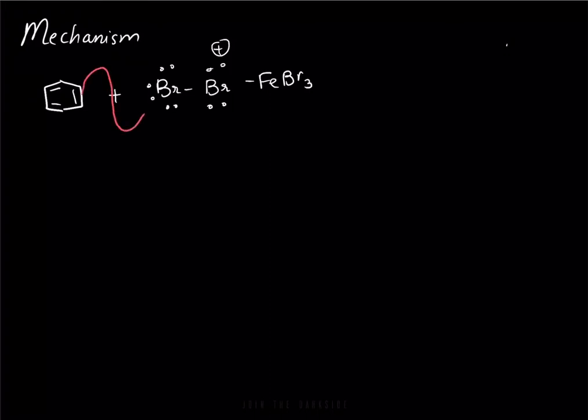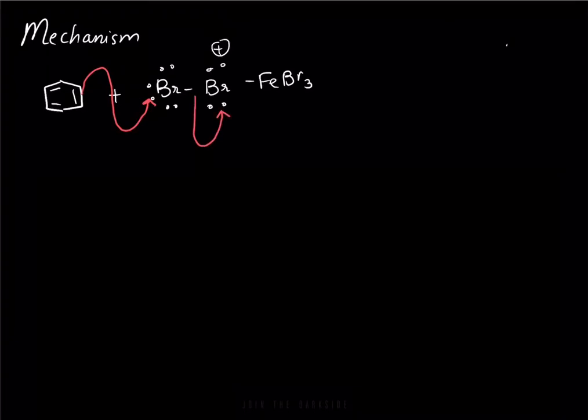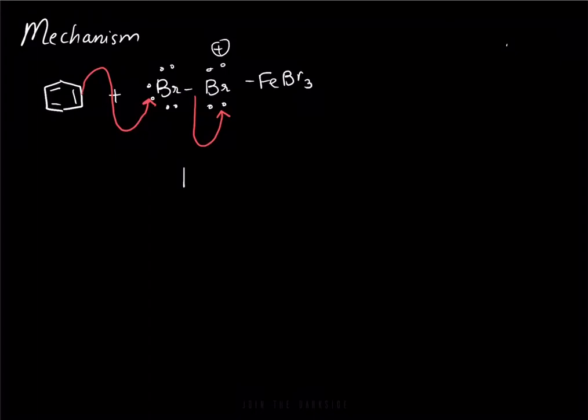Now the benzene with its pi bond is going to attack the electrophilic bromine, and it's going to thrust those electrons onto bromine, converting it into a good leaving group.